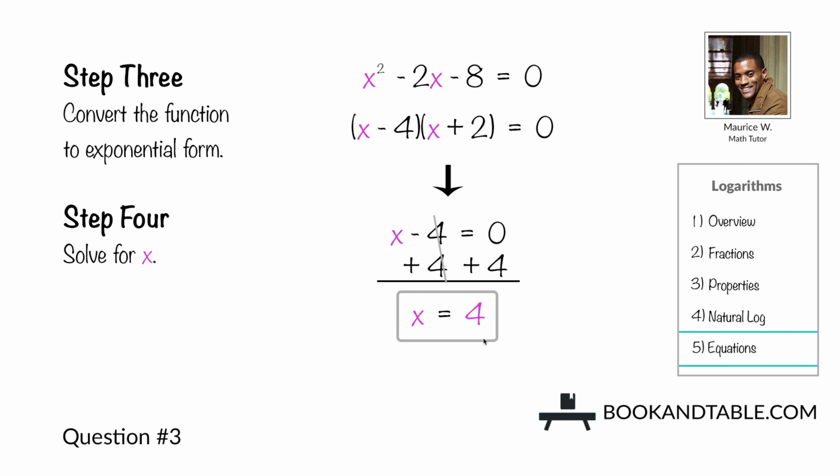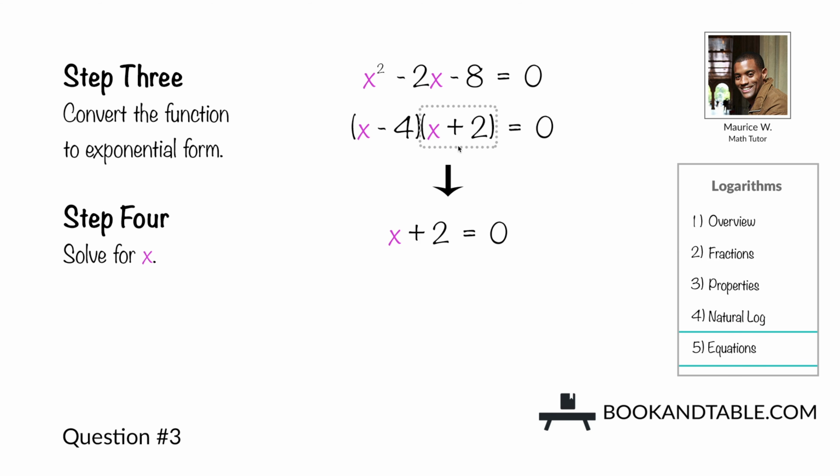So x is equal to 4 is one possible value for x. So we find the second possible value by setting the second factor, x plus 2, equal to 0. And now we solve for x by subtracting 2 from both sides, showing us x is equal to 0 minus 2, which is negative 2. So we have two possible values for x, negative 2 and positive 4.